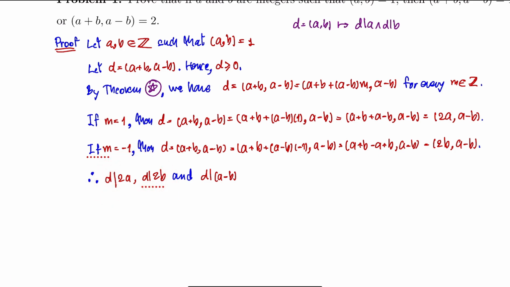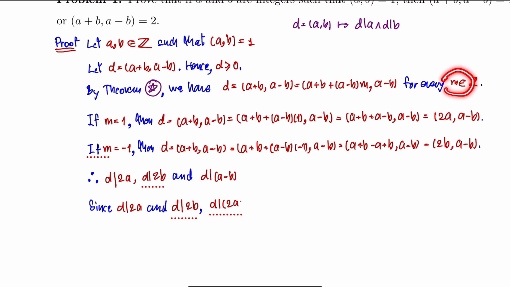So since d divides 2a and d divides 2b, what do we have? So we can have that d divides 2a times, integers, so I use m already.